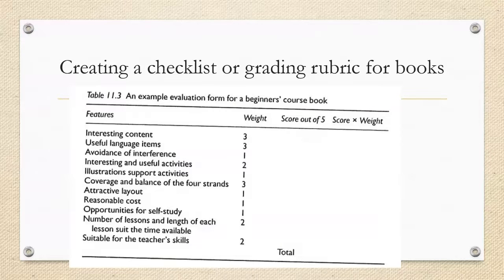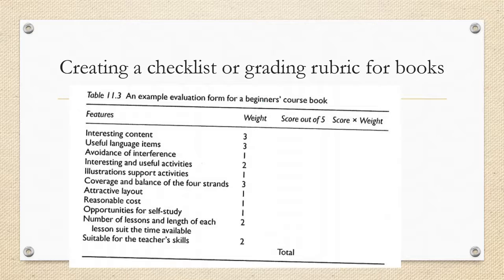Okay, your textbook, actually, if you look at table 11.2, which is in the previous page of the table that I pulled into the PowerPoint, has a list of different things that a textbook should theoretically have.